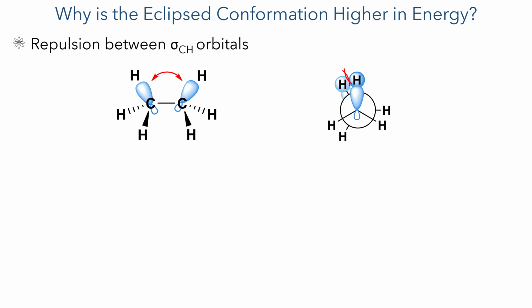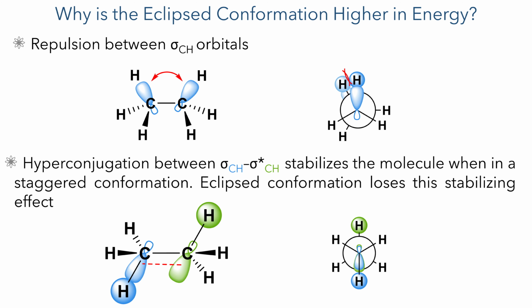This is highest in the eclipsed conformation as they are closest together and experience van der Waals repulsion. The second is hyperconjugation between CH sigma bond orbitals and CH sigma star antibonding orbitals. This hyperconjugation stabilizes the molecule when it is in a staggered conformation. When the molecule adopts an eclipsed conformation, it loses this stabilizing effect, which increases its energy.